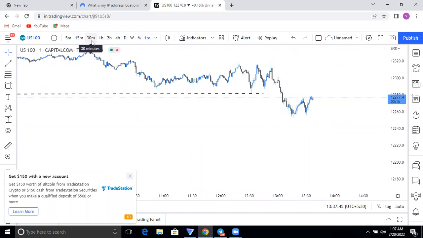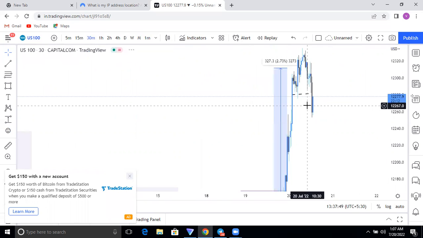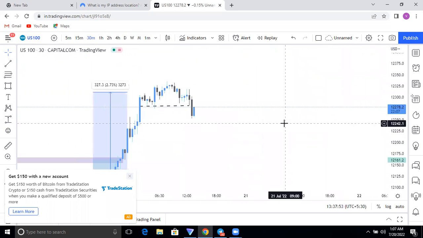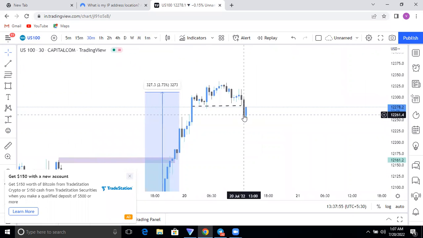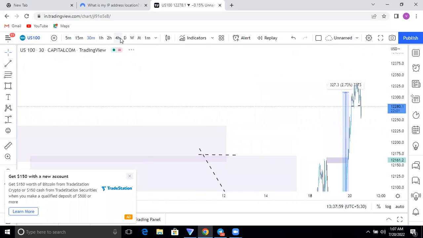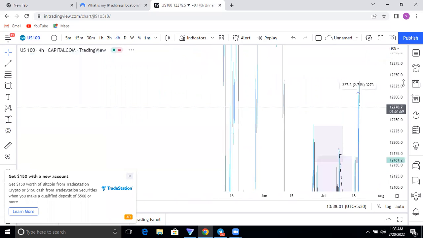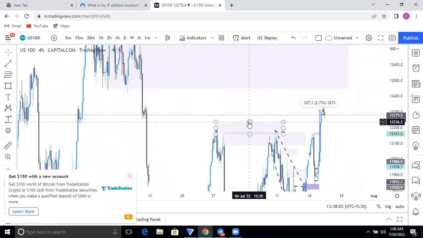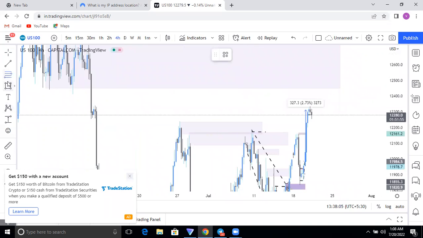If you move away from the 1 minute time frame, we go back to the 30-minute time frame. All right, you can see that we had a break of structure right here. It might mean the sellers are in control, but what I'm interested in is when we move to the 4-hour time frame. You can see that we are actually at a zone right here.